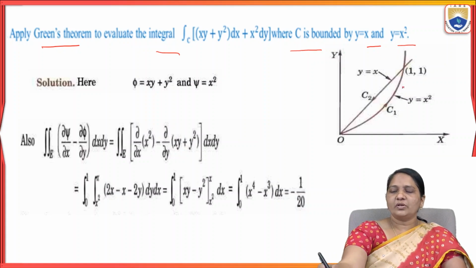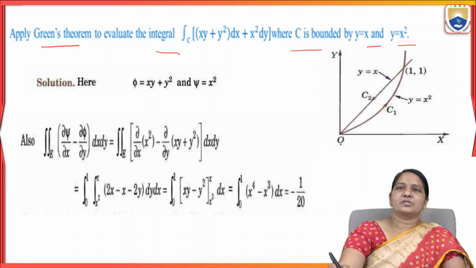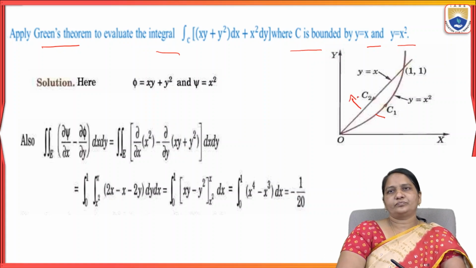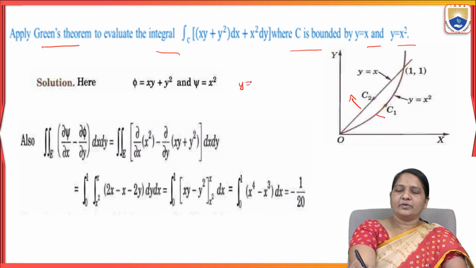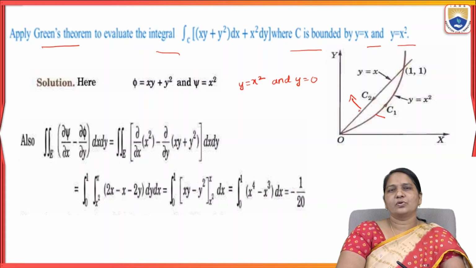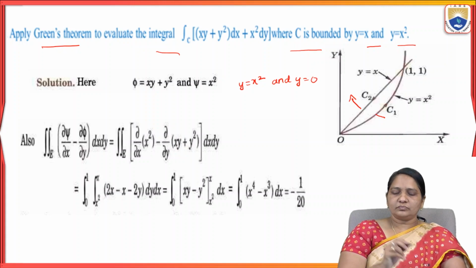So here they given the curve bounded by y equal to x and y equal to x square. So this is the y equal to x square curve and y equal to x is passing through the origin. So this is y equal to x square and this is y equal to x. Now along this we should know about the values also. So if you calculate y equal to x square and y equal to x, then we can know about the limits also. First of all, what is the given data we will write.